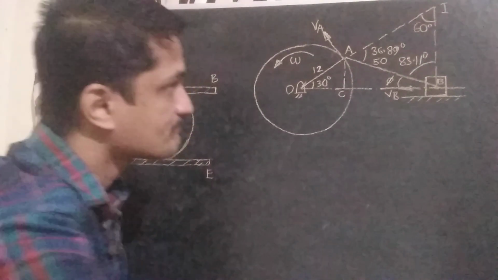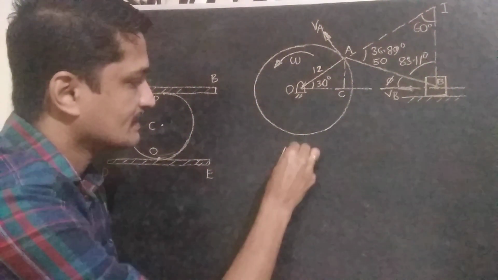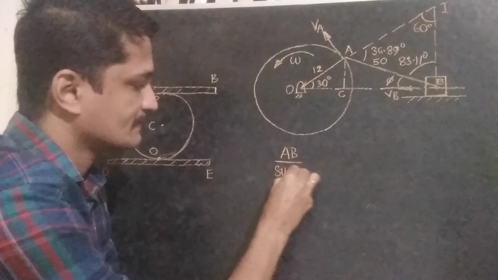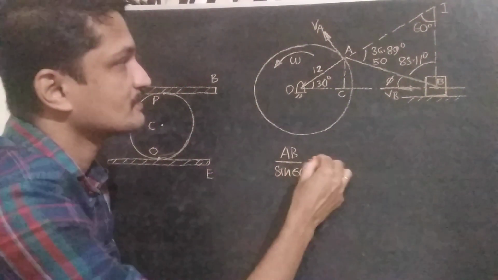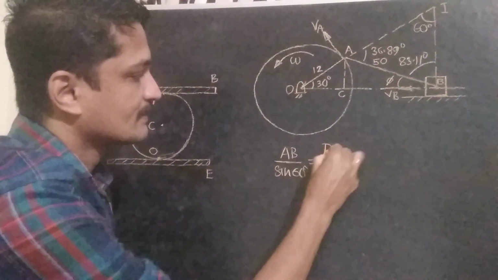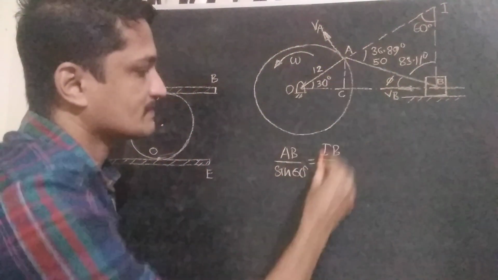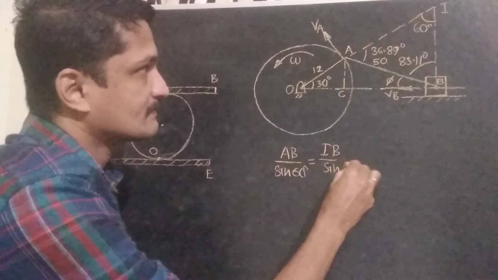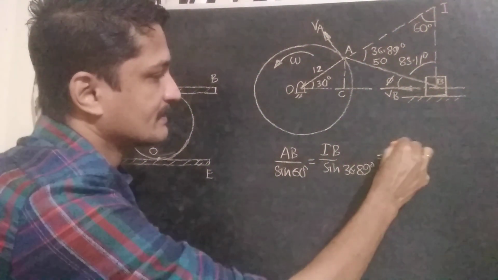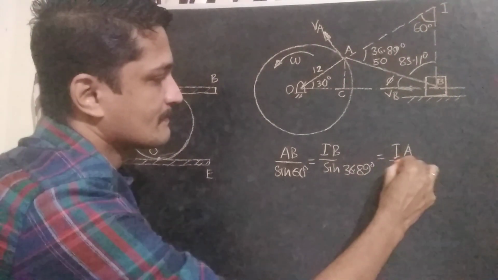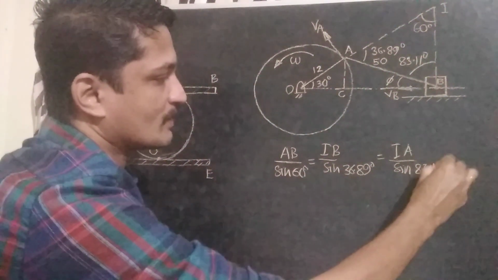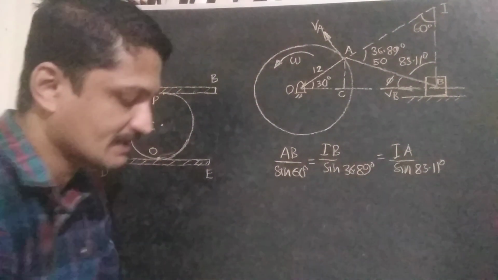AB by sin 60 degrees is equal to IB divided by the sine of the opposite angle, sin 36.89 degrees, which is equal to IA divided by sin 83.11 degrees.